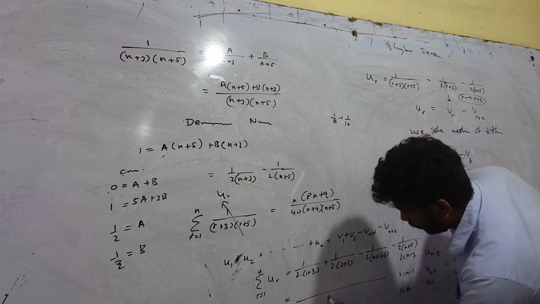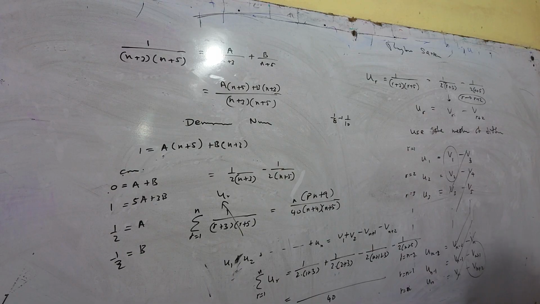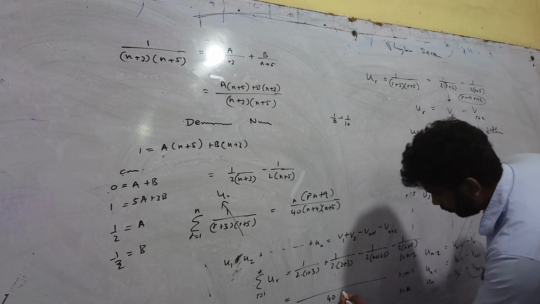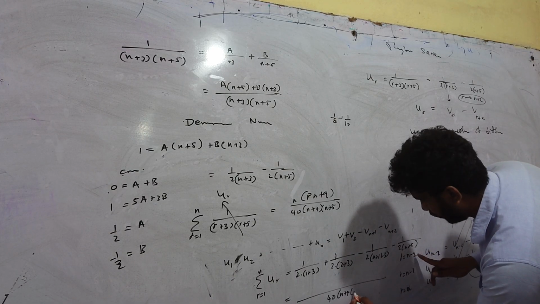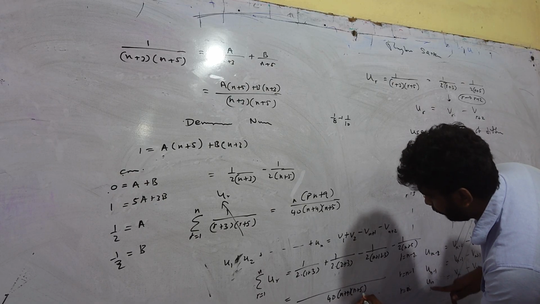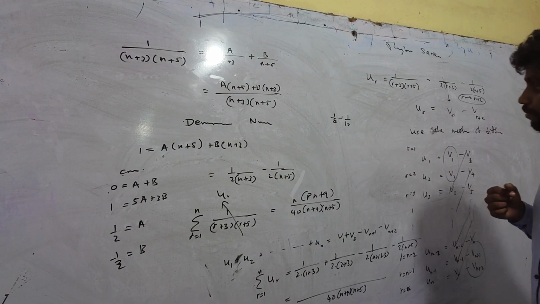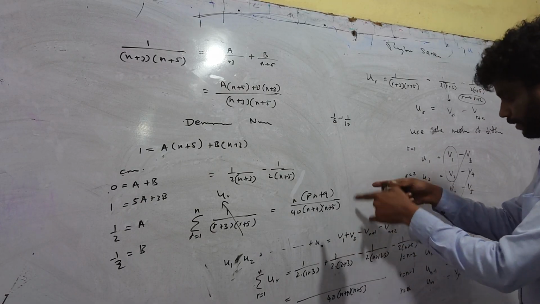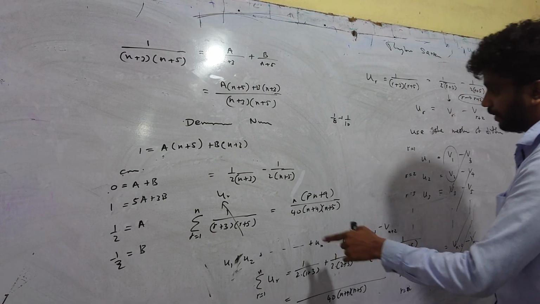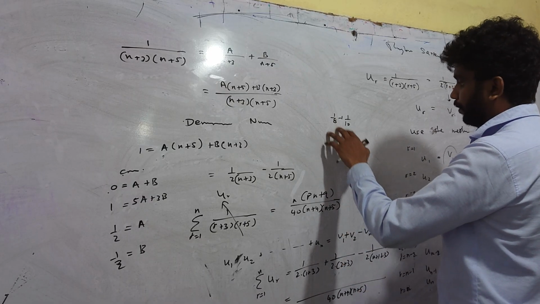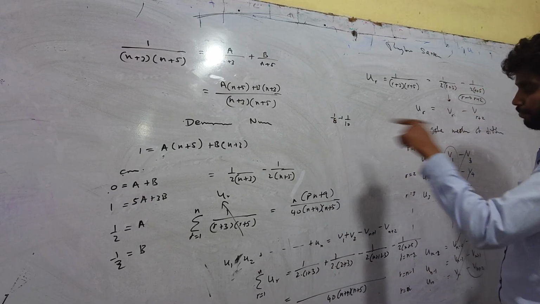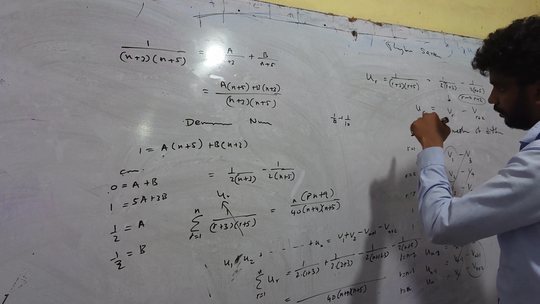You can keep 40 as the common denominator, with n plus 4 and n plus 5. When you divide 40 by 8, this becomes 5.